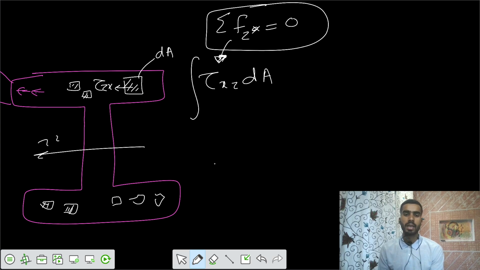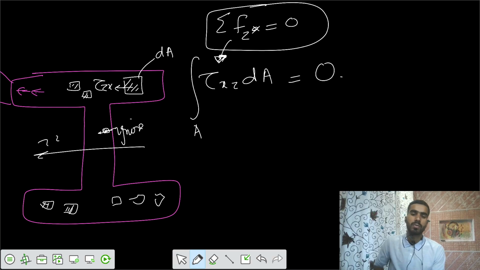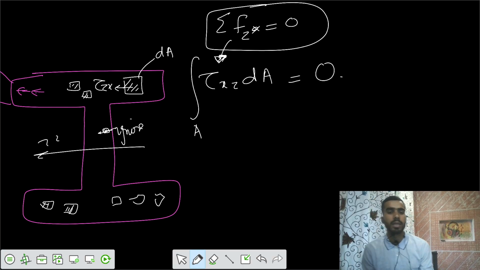If you integrate over the entire area, there's some small tau zx also in the web, but we ignore that. For the entire area the integral should be equal to 0, because the horizontal force in the section should be 0 and equilibrium should be satisfied. That's our job in civil engineering, the equations of statics, for every structure and every element to be in equilibrium.